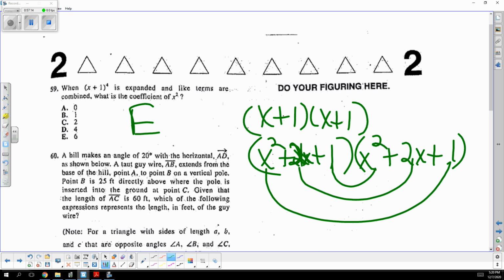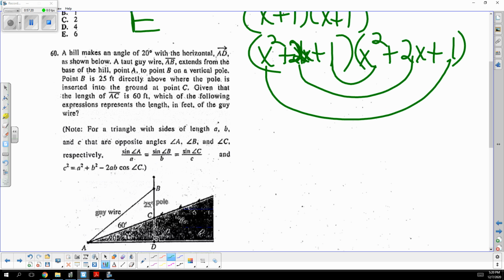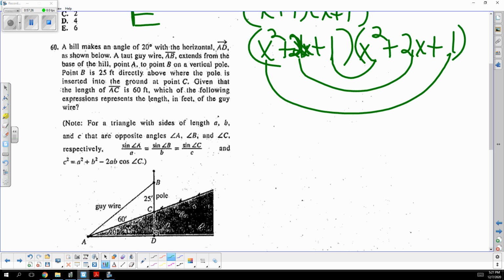All right, what about this one? This is looking like a law of cosines. So we're looking for the length A to B. This angle's 20, which makes that 70, which makes this 110. So I have it.